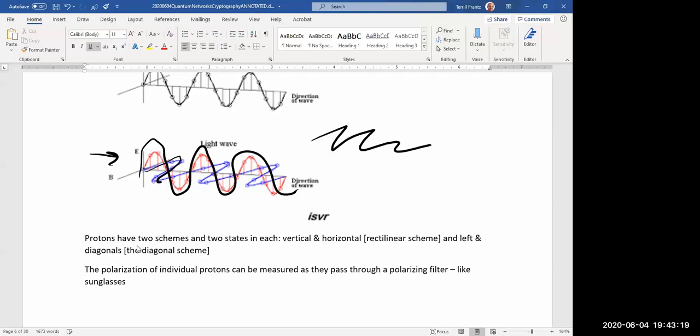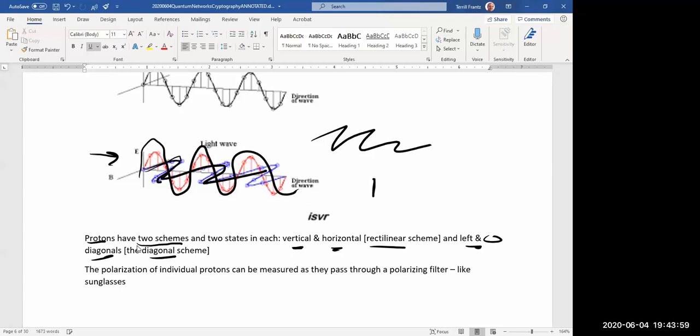So the light wave, or photons rather, have really 2 schemes. One of them is known as the rectilinear scheme, and the other is known as the diagonal scheme. One of those is the wave going this way, and the other is the wave going that way. In the rectilinear scheme, think of it as the wave going vertical and horizontal, and the diagonal scheme, think of it as left and right diagonals.